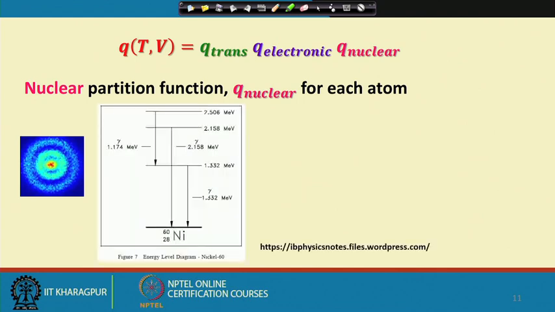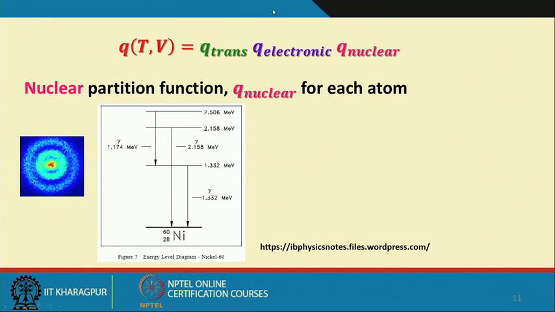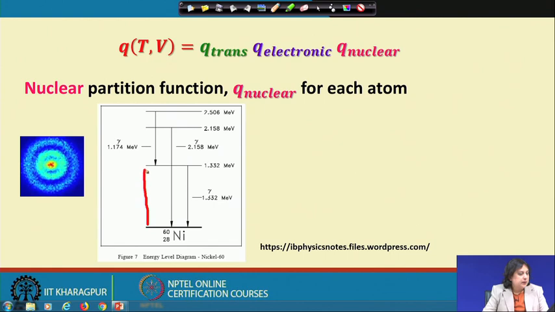It is possible to talk about the energy level diagram of a nucleus, and here you see that the gap between these energy levels is of the order of MeV. These results are usually obtained by breaking the nucleus of a radioactive atom and looking at the energies of the emitted particles, like the alpha or beta particles or even the gamma waves.